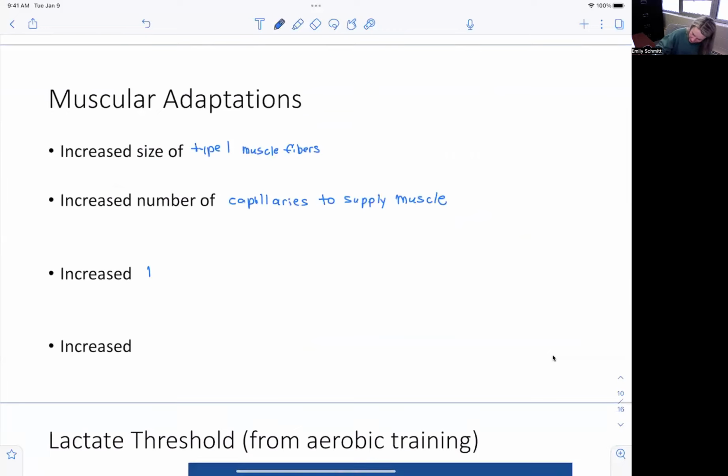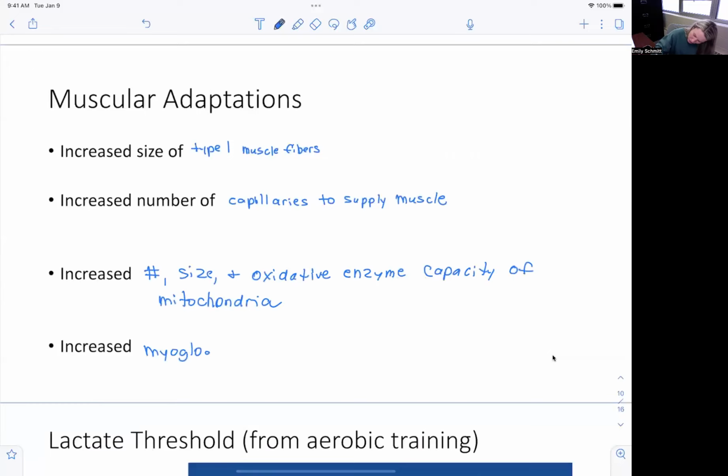We also have increased number, size, and oxidative enzyme capacity of the mitochondria. We also have increased myoglobin content. And this is important because this will allow muscles to use oxygen more efficiently.